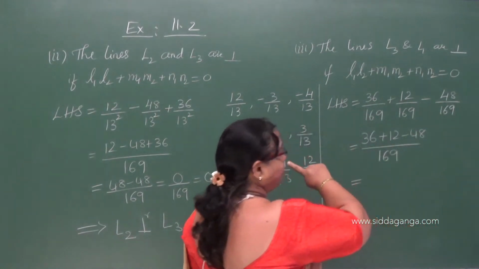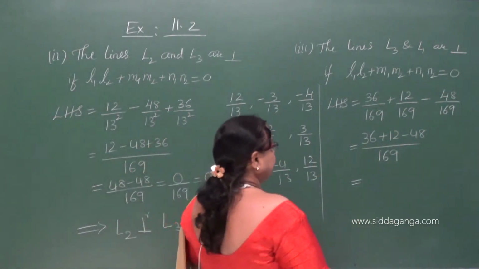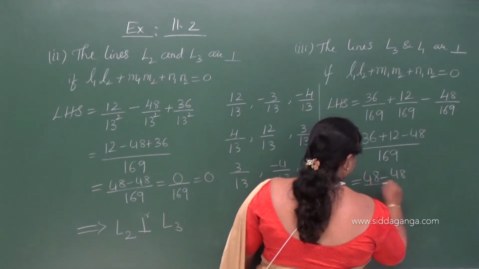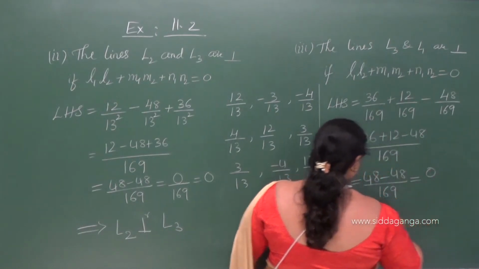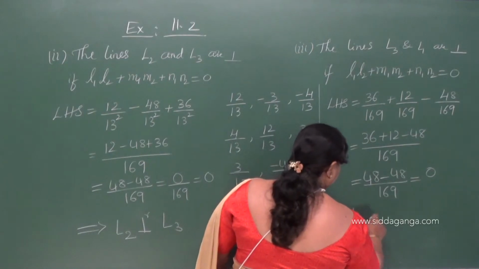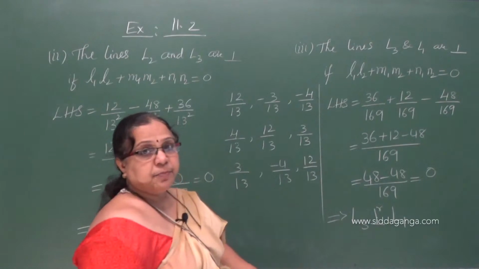The denominator is the same, the numerator we have to simplify. So now we get 48 minus 48 by 169, that is equal to 0. So the third line is perpendicular to the first line.